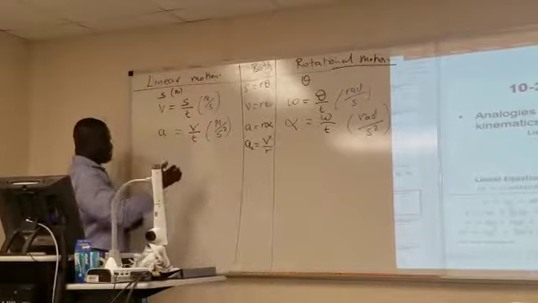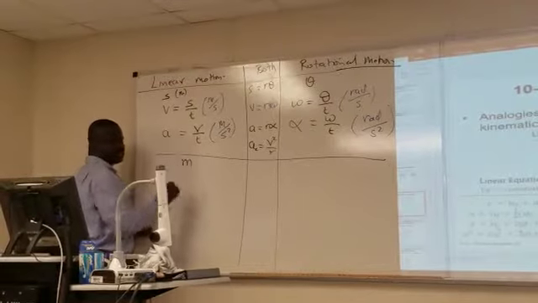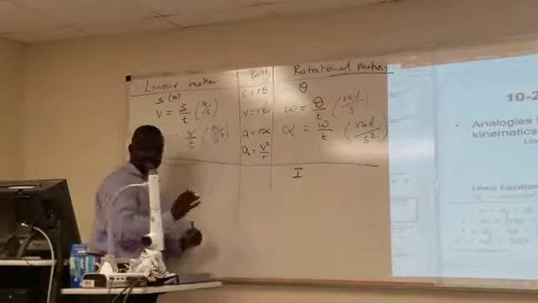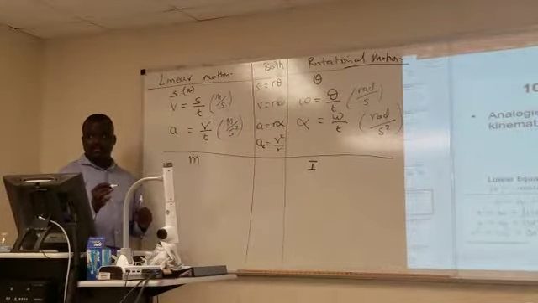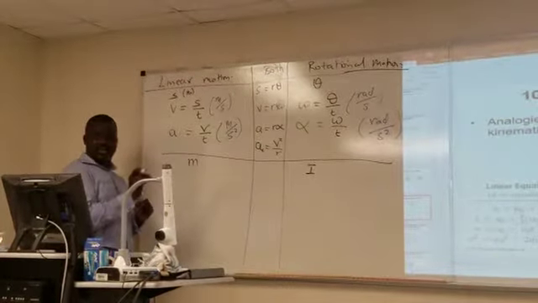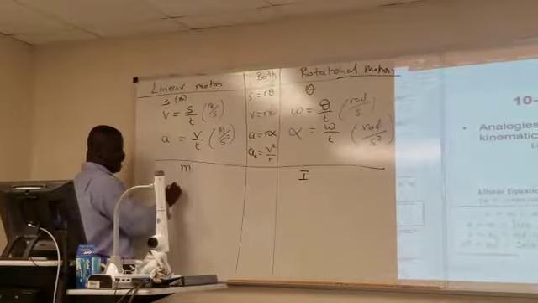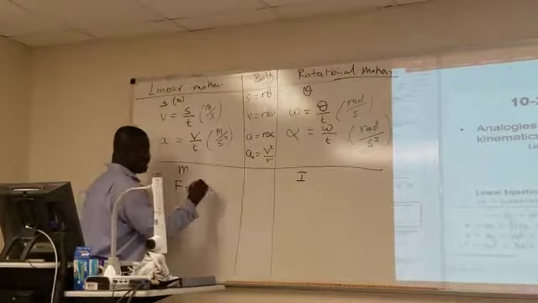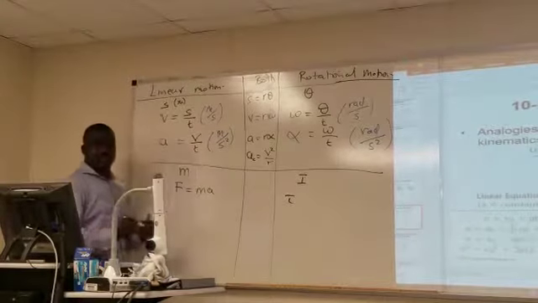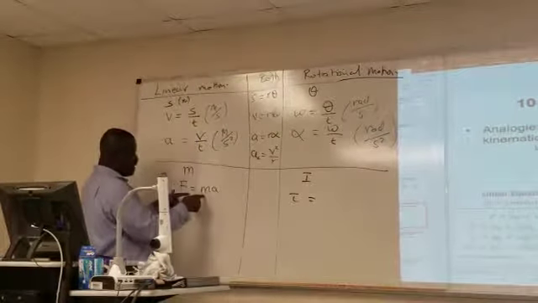Now, we want to step down and look at some other factors. When we say mass in linear, it is called inertia in rotational. Is that clear? Next, for instance, let's use force. We say force is equal to mass times acceleration. In rotational motion, we talk about torque. And torque is, what is the mass equivalent here?